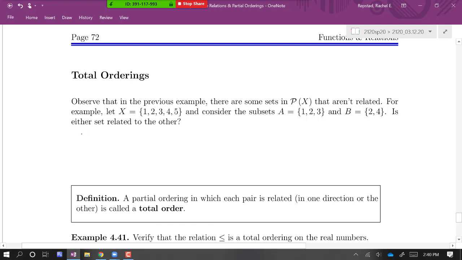But the set A, {1, 2, 3}, is not contained in {2, 4}, because 1 is in the first set but not the second set. Also 3, right? 1 and 3. But going the other way, {2, 4} is also not contained in the set {1, 2, 3}, because the set on the left contains the element 4, which is not on the right.